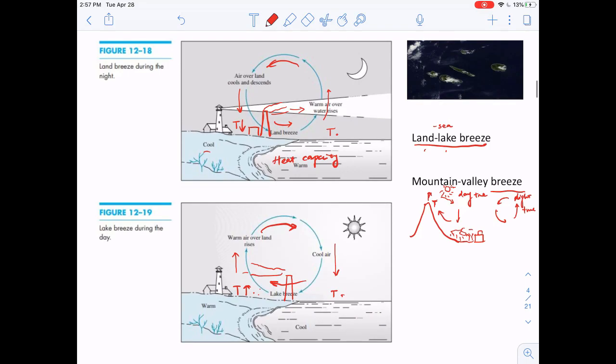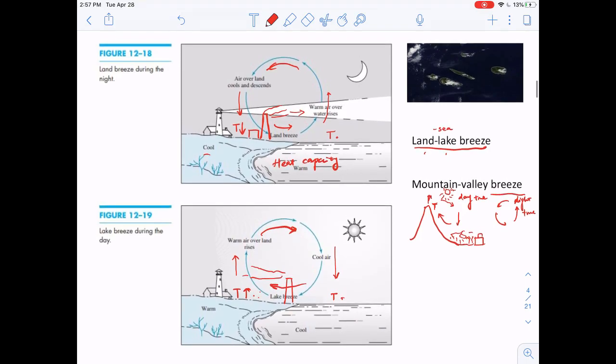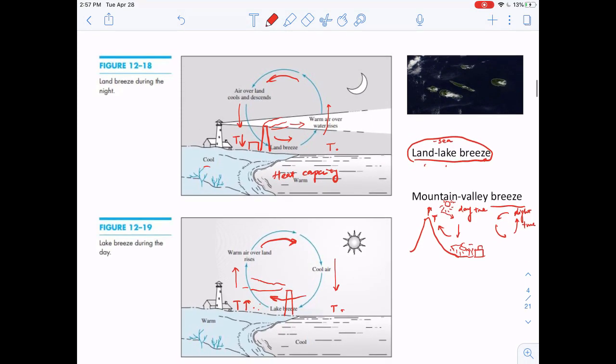So one thing that I forgot to mention is that because of this land-lake breeze or land-sea breeze, we're also going to see some weather conditions that are quite special for certain locations. For example, here what I'm showing is actually a satellite image of the Azores Islands.